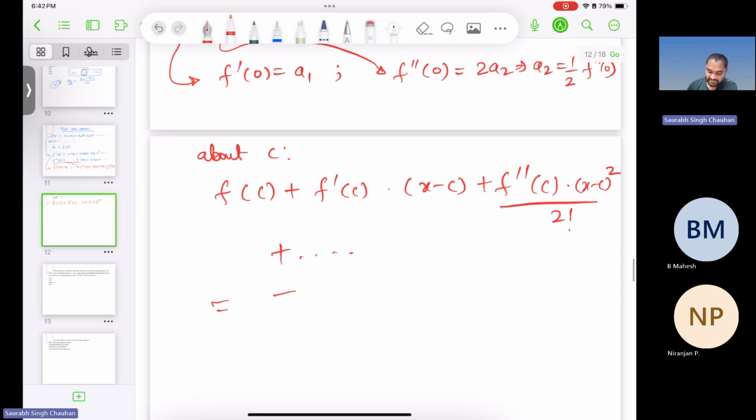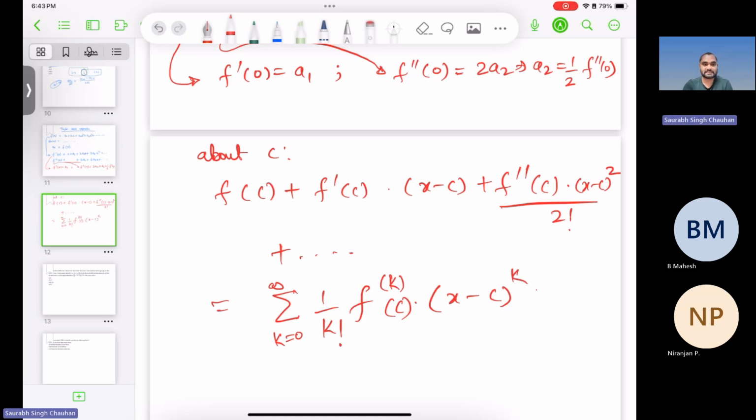In general, you can write it as sigma 1 by k factorial, starting from k is equal to 0 and going up to infinity, the kth derivative of f at point C, times (x minus C) to the power k. So this is the Taylor series expansion.